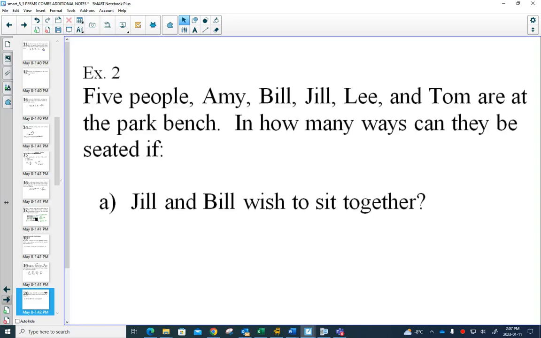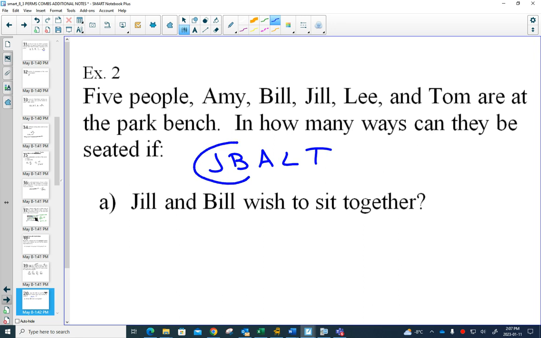Well, this is a grouping question because you have two people that want to be grouped together. So if we think of it this way, we've got Jill, Bill, Amy, Lee, and Tom, and these two are grouped together. These ones are all individuals, right?